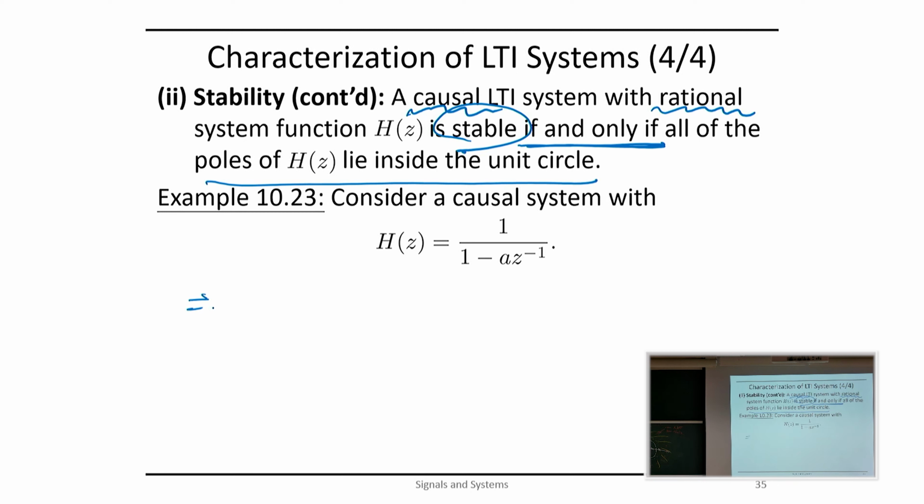So in this case, the system is stable only if A is less than 1.